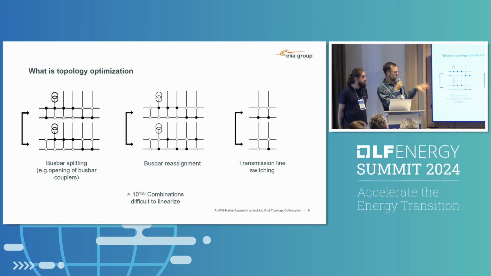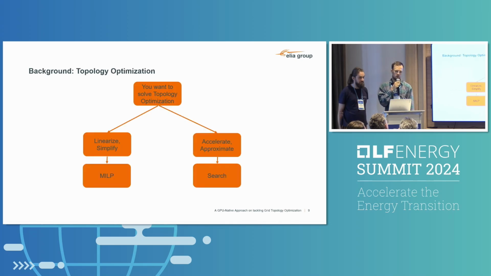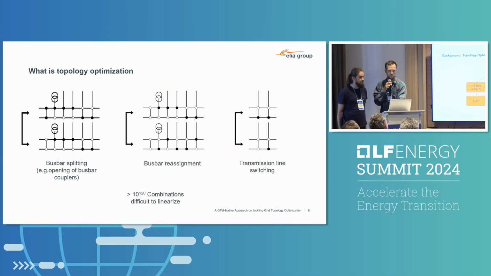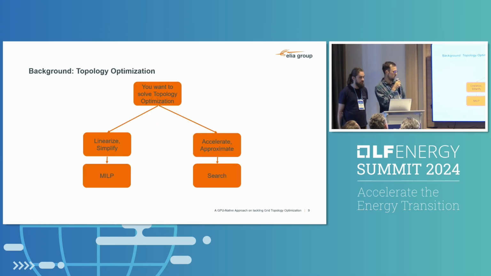And if you combine all of them, you have a quite high number, 10 to the 120 combinations that are possible. And the combinations are quite difficult to linearize. Which brings us to the next slide, how you can potentially solve topology optimization. On the one hand, you can try to linearize and simplify, but to our knowledge, for these three together, there is no linearization possible.